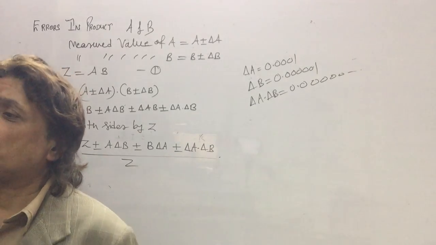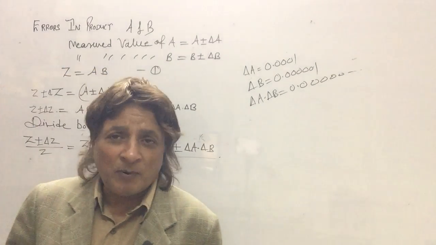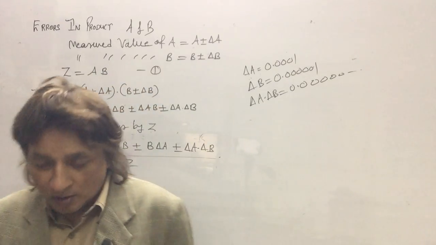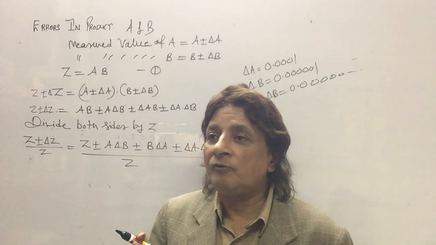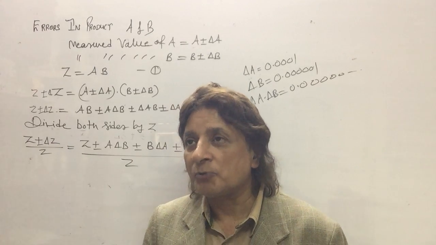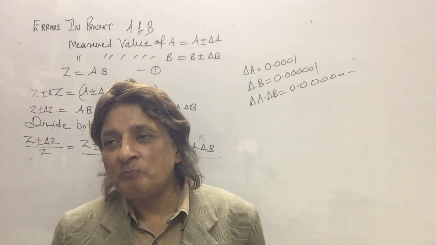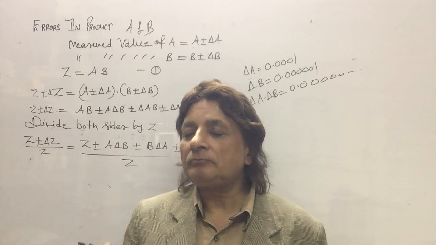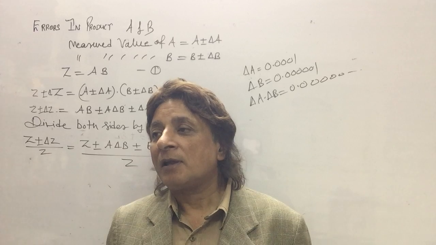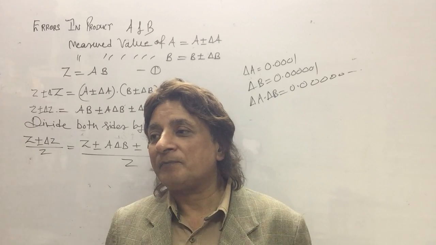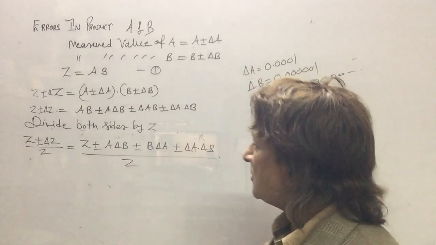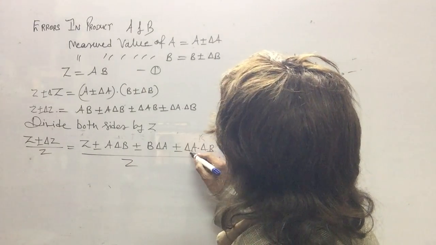Means when you multiply two small values, their product is going to be further small, and that can be neglected.